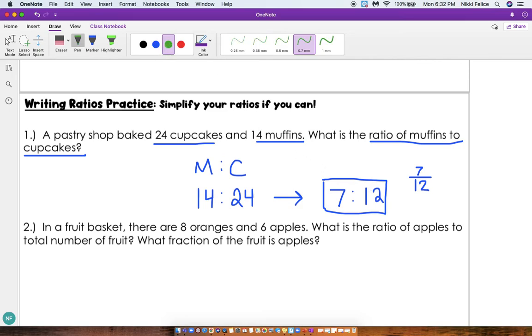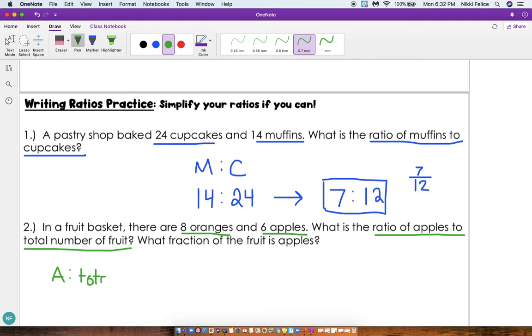Number 2, in a fruit basket, there are 8 oranges and 6 apples. What is the ratio of apples to total number of fruit? And then after that, we'll ask what fraction of the fruit is apples. So the ratio of apples to the total number of fruit.